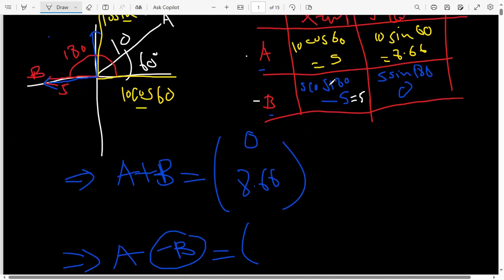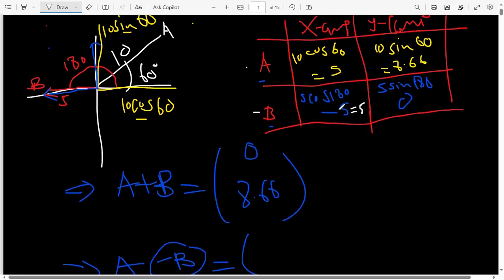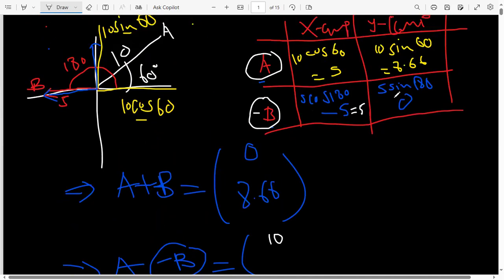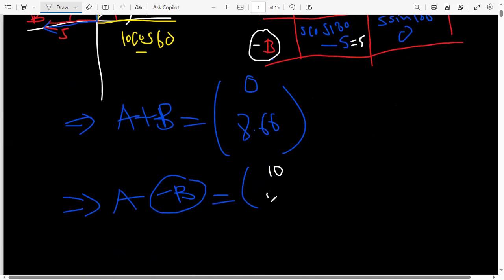So now let's add the x components here. So this is A, and then this is minus B. So A plus 5 is just going to give me 10. And then here it will be 8.66 plus 0, which is going to give me 8.66. So this one here is our A minus B. That one is our A plus B.